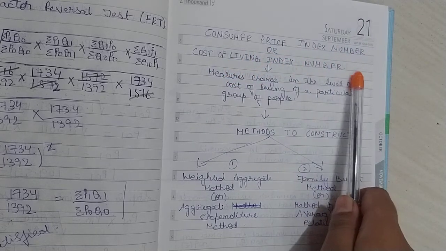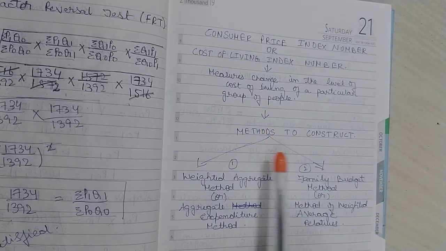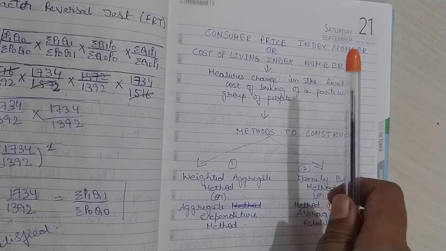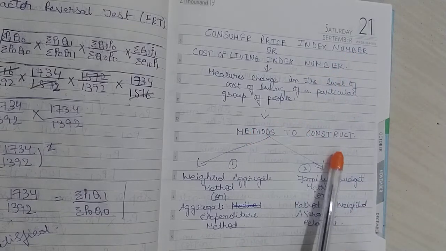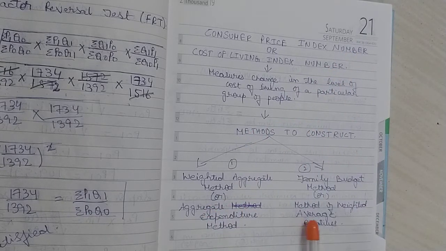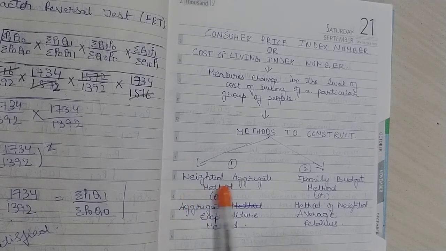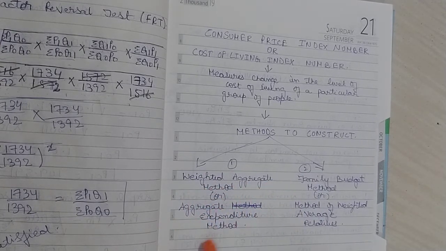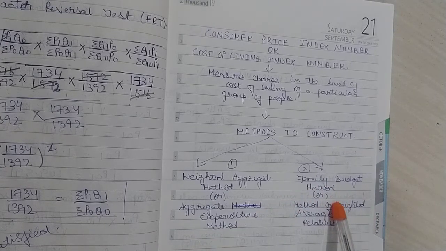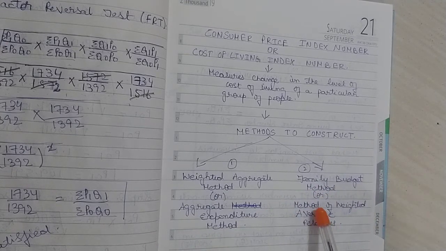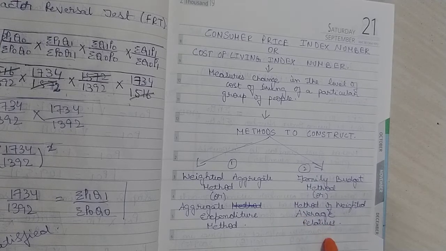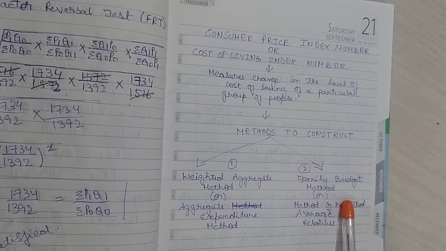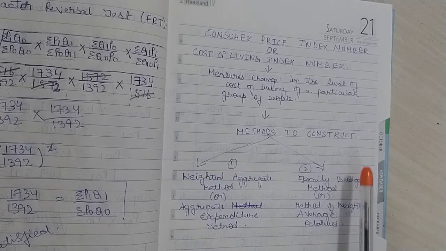We have two different methods to construct it: the weighted aggregate method or aggregate expenditure method, and the second, the family budget method or method of weighted average relatives. We will be solving problems under these two methods.